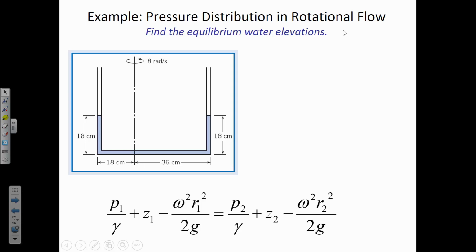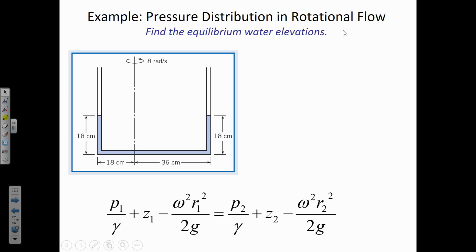Anybody want to take a guess on which side the water level goes down on? That is correct. It goes down on the left. How did you know? Shorter radius, less acceleration. Those are both interrelated. So what we're going to do is apply this equation, the rotational flow equation.